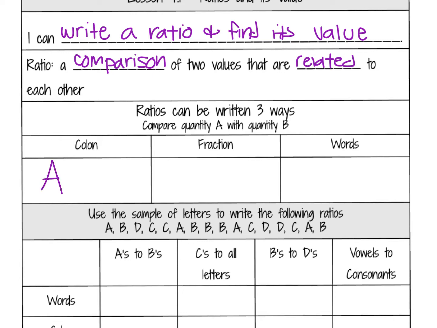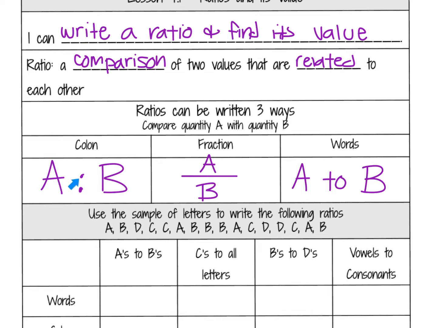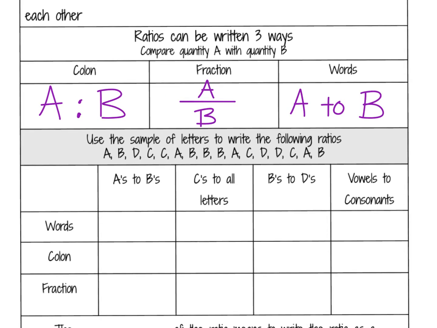Okay, so I'm comparing thing A colon to thing B. And we say this A to B. With a fraction, you put thing A in the numerator and quantity B in the denominator, A over B. And then with words, thing A compared to thing B. So they all say the same thing, A to B. But instead of letters, there'll be numbers there.